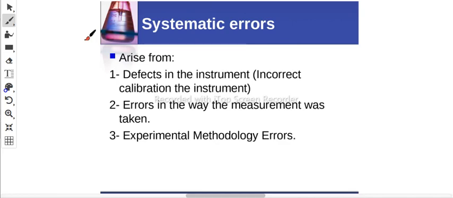I'm talking about balance, pH meter, spectrophotometer, etc. So before being used, they are checked to be calibrated. So if there is any defect in this instrument, such as being incorrectly calibrated, this is considered systematic error. Remember this point for the multiple choices. Errors in the way the measurement was taken, and experimental methodology error.